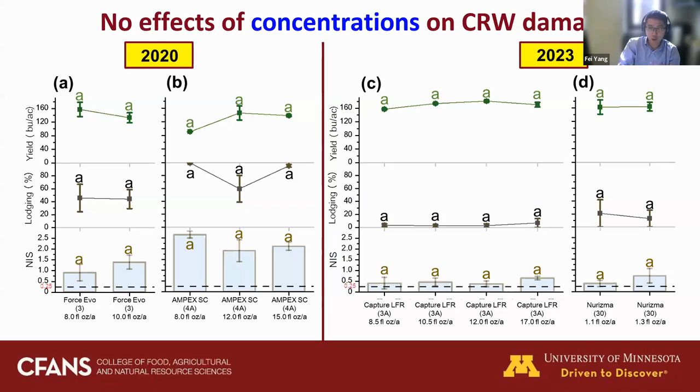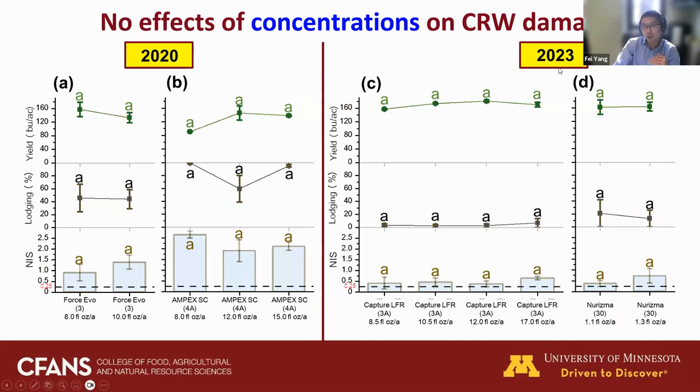First we look at the concentration effects for the same insecticide at different concentrations. We did this study in 2020 and 2023 with different modes of action. If we look at group 3A and group 4A in 2020, we didn't find any differences among different concentrations for these two insecticides in terms of node injury scale, percent of lodging, as well as yield, suggesting the concentrations didn't change much for rootworm management.